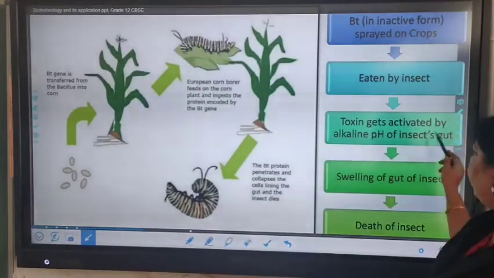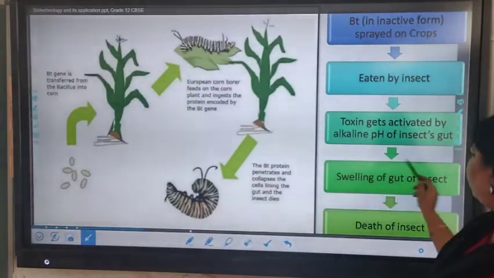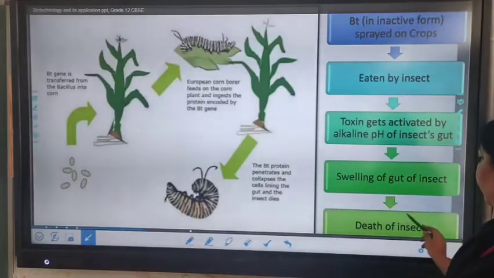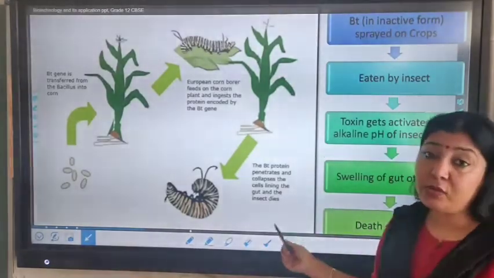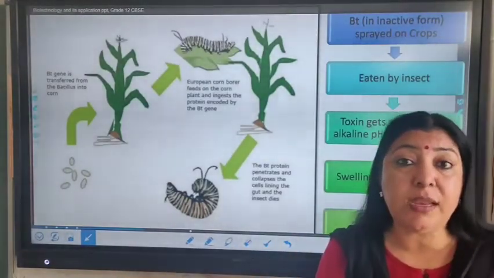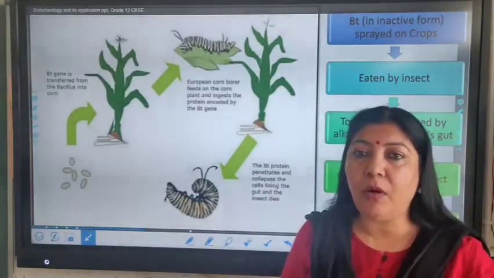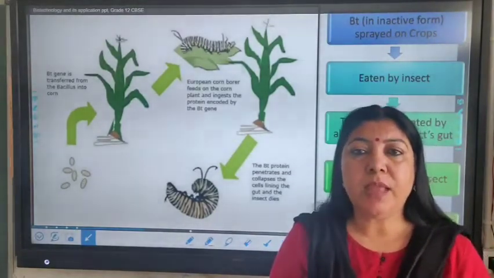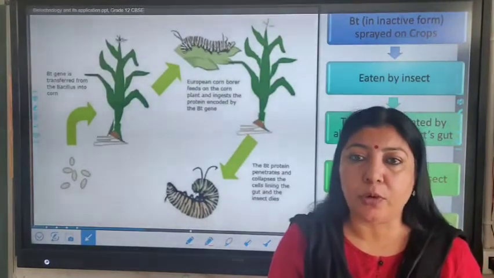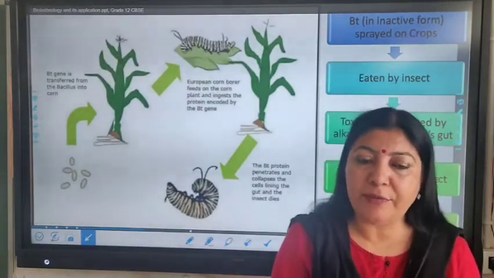The toxin gets activated by the alkaline pH of the gut, causing swelling of the gut of the insect and death of the insect. It has been used very extensively in agriculture, but when it comes in the form of a gene, its effect is much greater. You don't have to spray it. You just have to plant.